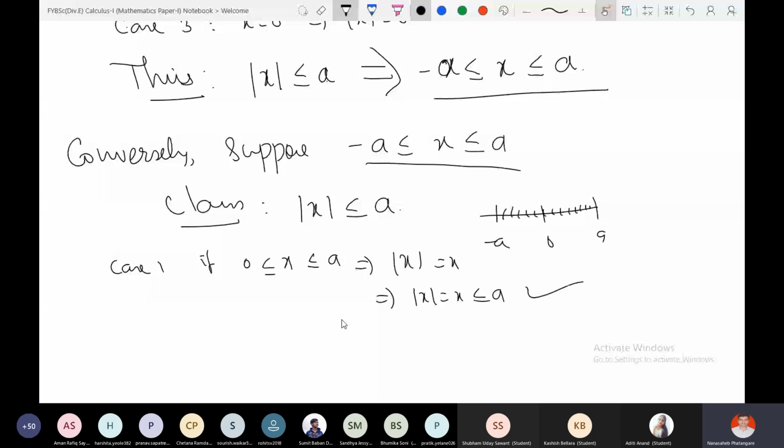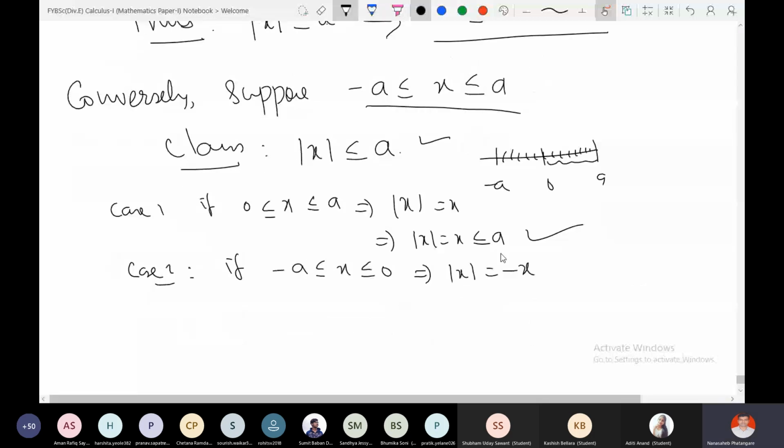So this inequality holds for this part, right? Case 2, if minus a less than or equal to x and x is negative, then absolute value of x is minus x.